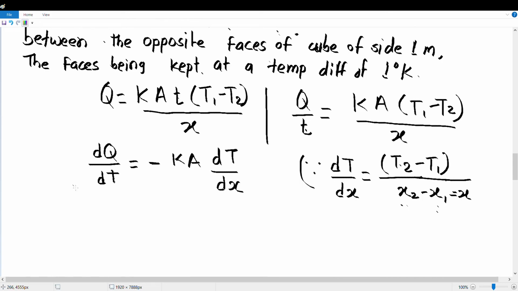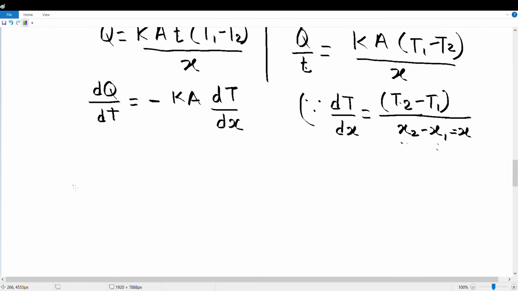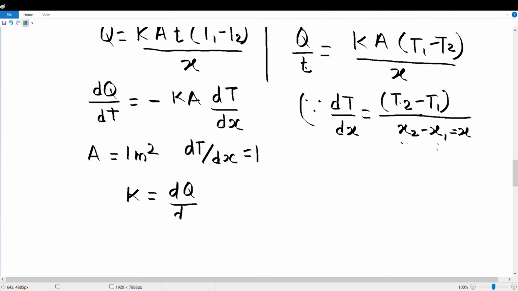The coefficient of thermal conductivity is also defined by taking this area of cross section as unity, that is 1 meter square, and this temperature gradient as unity. Then what we get? Then we get this K is equal to dq by dt.